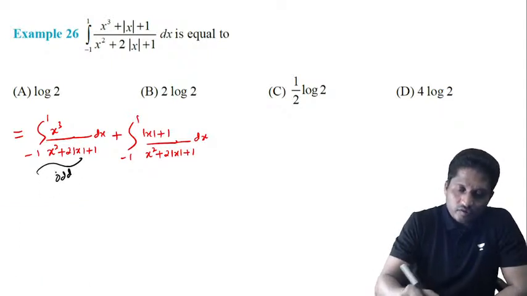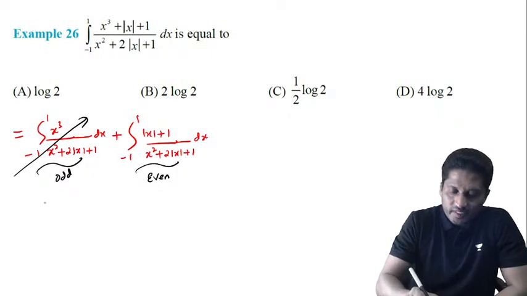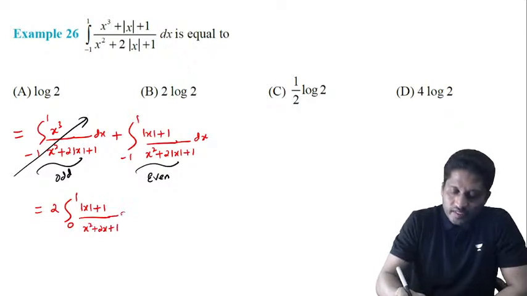This is an odd function, so obviously the answer is 0. This is an even function. So if it's an even function, minus a to plus a should be written as 2 times 0 to a of mod x plus 1 divided by x square plus 2x plus 1 dx.